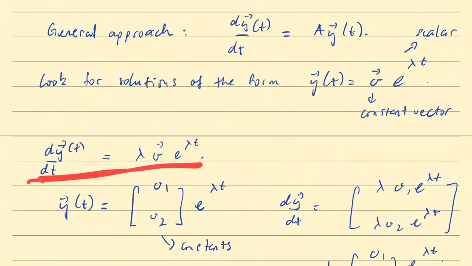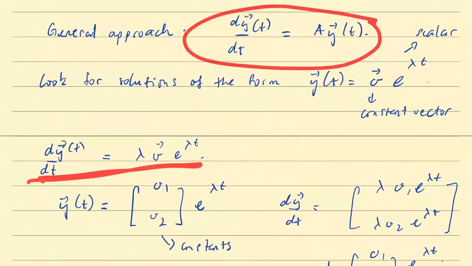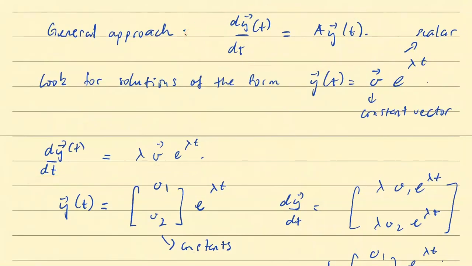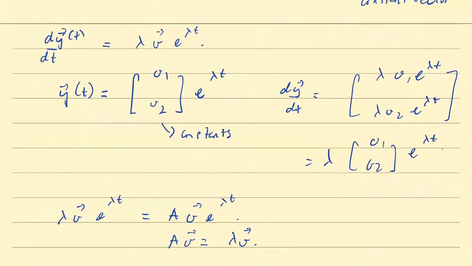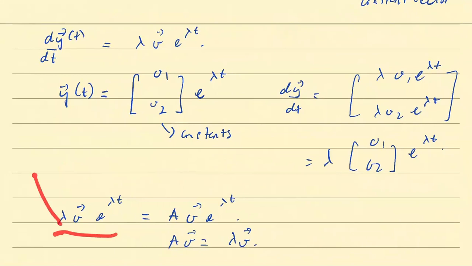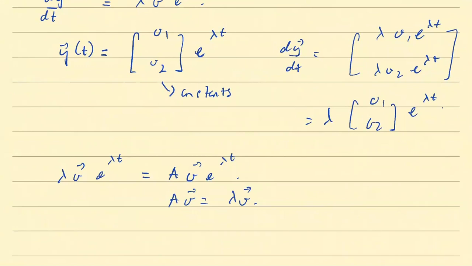Then I plug that into the original system that I'm supposed to solve, to look for the relation between v and lambda. I got this to be the derivative, and this is just A times y. So after cancellation, I got Av to be lambda v. Any question on this?